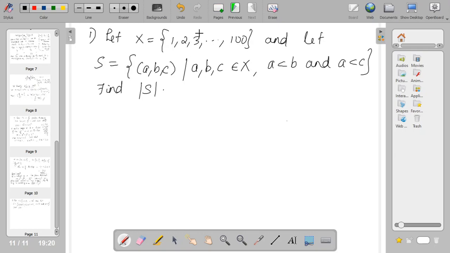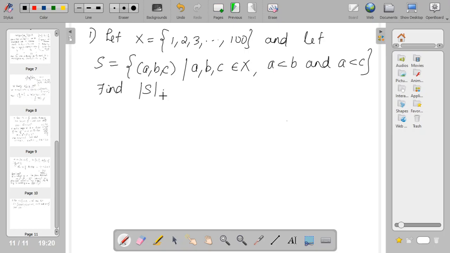So B can take any value from 2 to 100, so the choices for B are 100 minus 1, so it has 99 possibilities. Similarly C can take the same values, it can even be a distinct value. So C also has 99 choices.